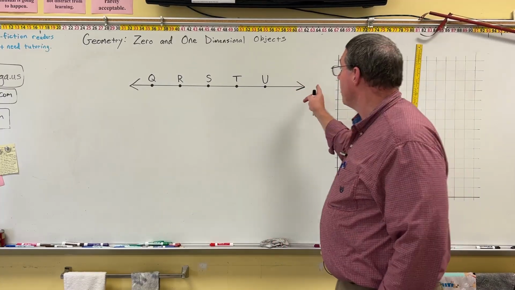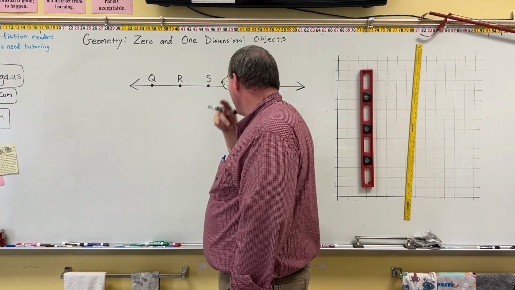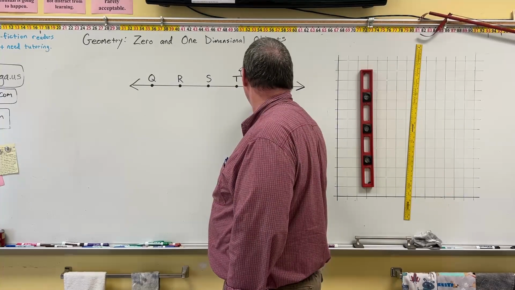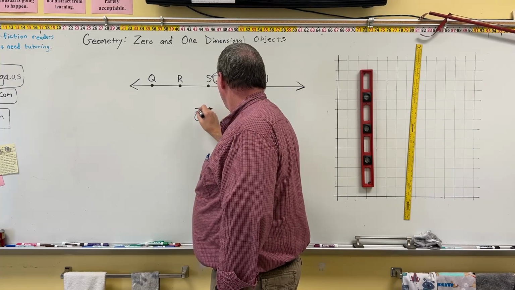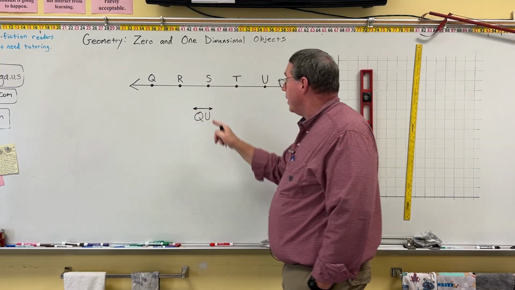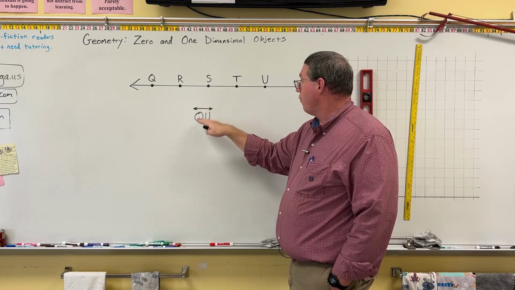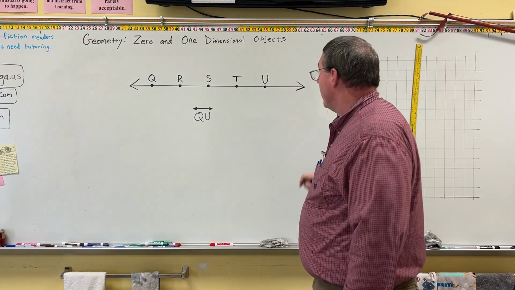But as for this line that extends infinitely in both directions, we can call it by many names. We could call it line QU. And we would put a double-arrowed line over top of the points Q and U. This indicates this line.